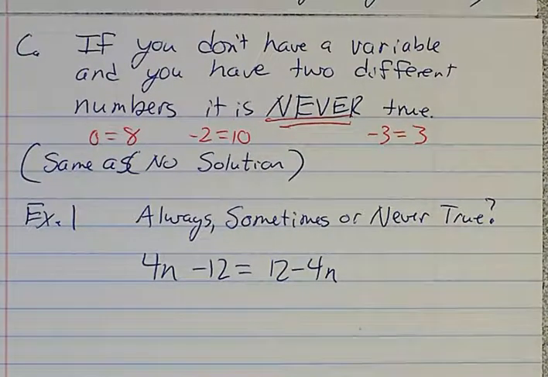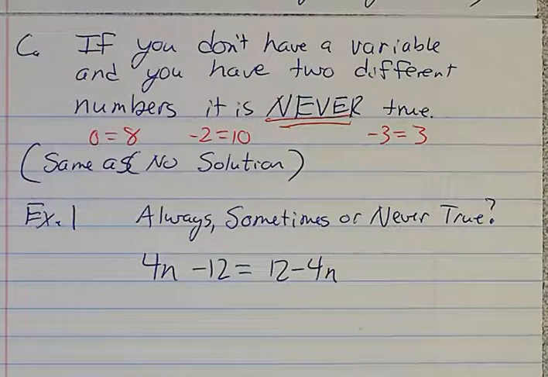So it's going to be like a regular equation, but again, instead of just saying solve it, they're going to tell you determine if this thing is sometimes, always, or never true. So it's still just solving equations, it's just a little different version of it.